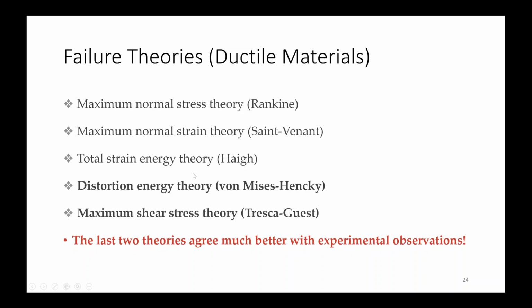These are all defined for ductile materials. Then there is the distortion energy theory, given by von Mises, and the maximum shear stress theory, given by Tresca and Guest. These last two theories, which are in bold letters, agree much with the experimental observations. The others are older theories which are relatively less used.